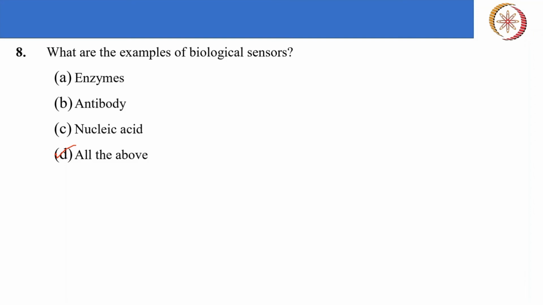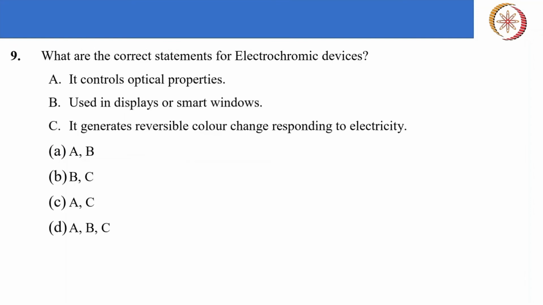When the coronavirus interacts with the spike protein, there is some response, a decrease in the current value. From there they used this spike protein as a biological sensor. Protein is related to nucleic acid, so nucleic acid you can also use. So the answer is all of the above.